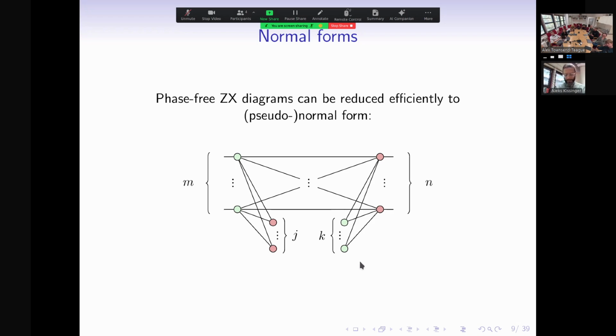You can argue that if this thing has full rank, then you'll have none of these reds. And if it has full co-rank, meaning its transpose has full rank, then you'll have none of these greens. So this internal structure represents the failure of this thing to be an invertible, non-singular map.